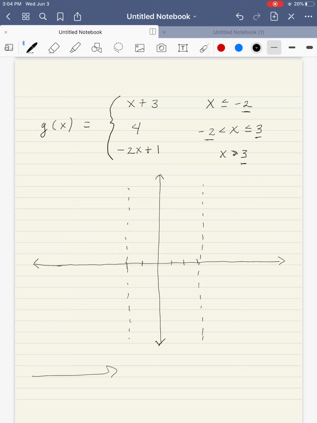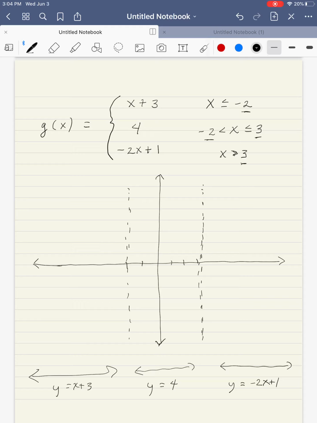So this one here to the far left, when x is strictly less than negative 2, that's this piece over here, I'm going to have that y is equal to x plus 3. For this piece in the middle, from here to here, I'm going to have that y is equal to 4. And then for this piece over here, I'm going to have that y is equal to negative 2x plus 1.